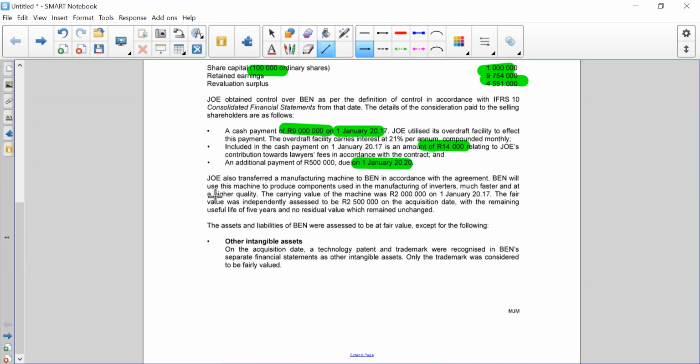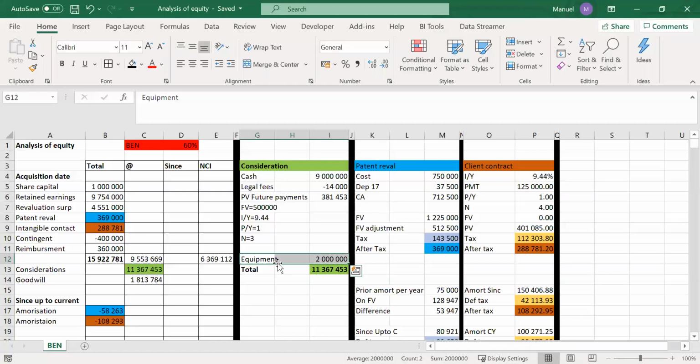So as part of the purchase price, they also transferred machinery of 2 million, which gives us a total consideration of 11.36 million. Going back to the analysis, I've color coded them so you can tie up these numbers. That is what we've included as our total consideration paid when calculating our goodwill.